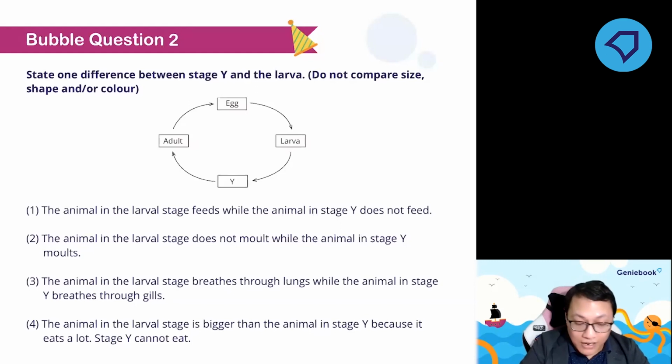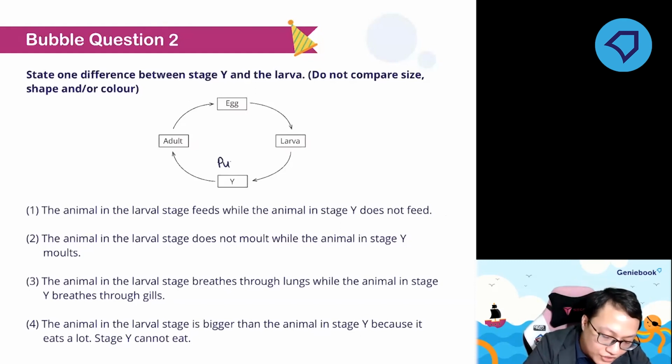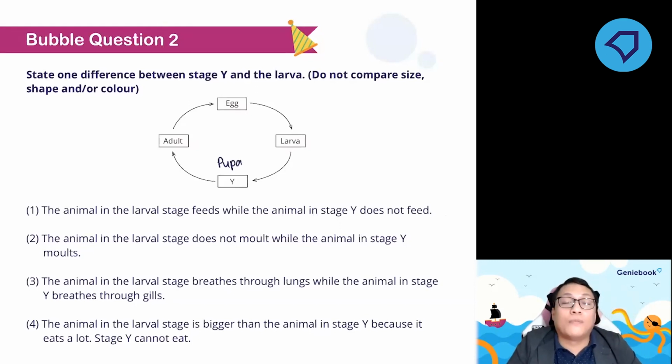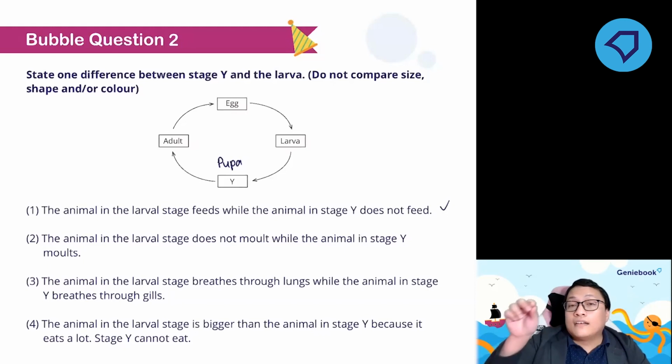So stage Y, what is it? Just now I mentioned that stage Y is pupa. So how do you compare pupa and the larva? The animals in larval stage feed while animals in stage Y do not. Yes, I told you that pupal stage.